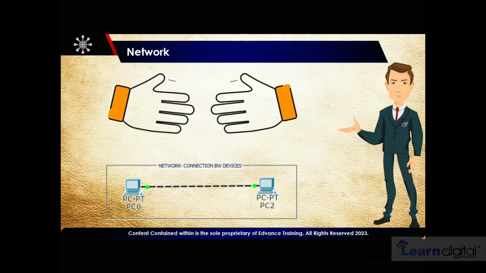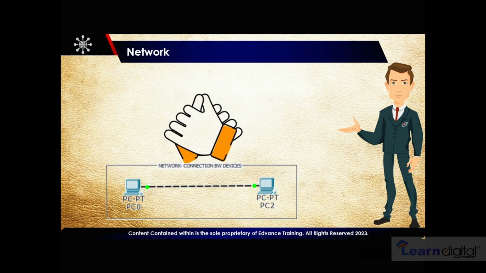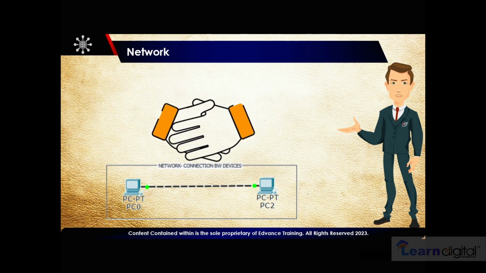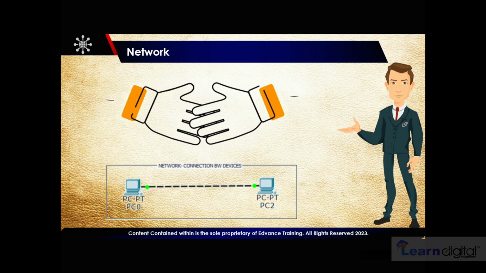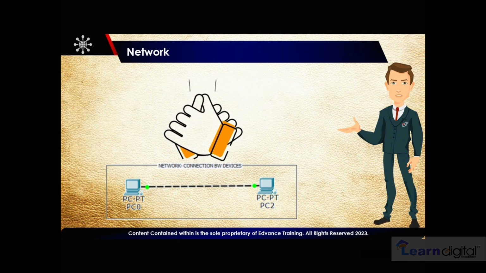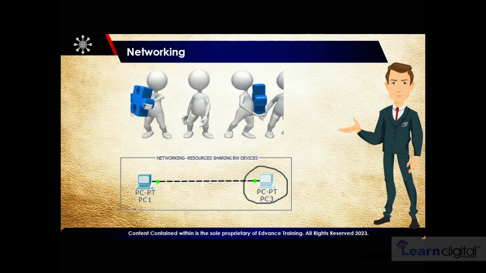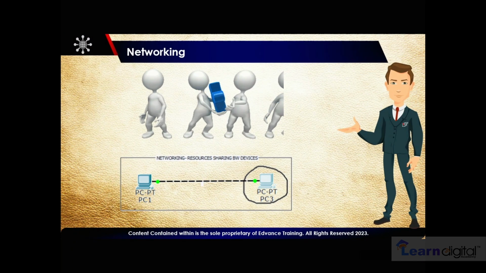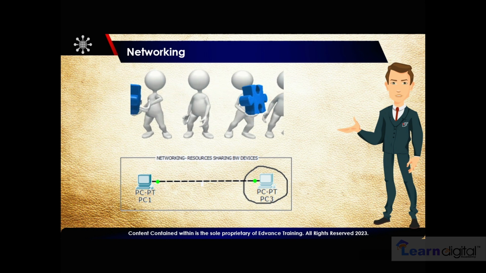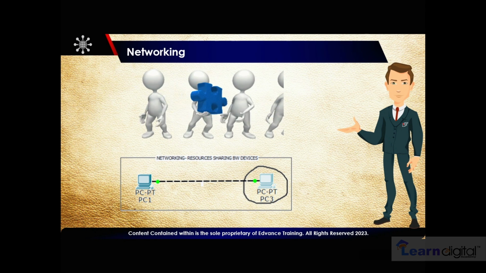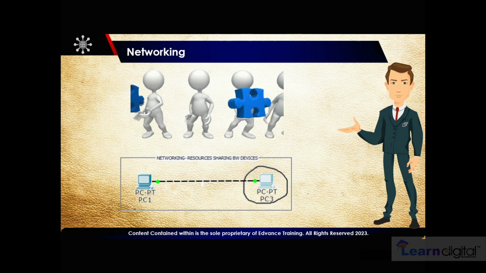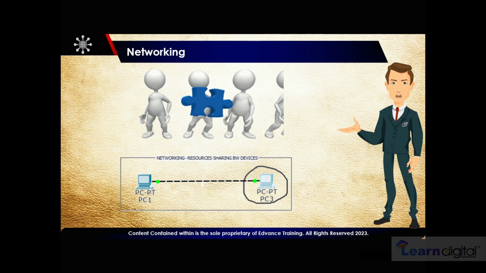But in technical terms, the network refers to the collection of devices such as computers and servers that are connected together to share resources and information, and it will allow these devices to communicate and exchange data with each other. So networking, in a simple definition, is the resource sharing between those two devices which are connected, or more than two devices, right?